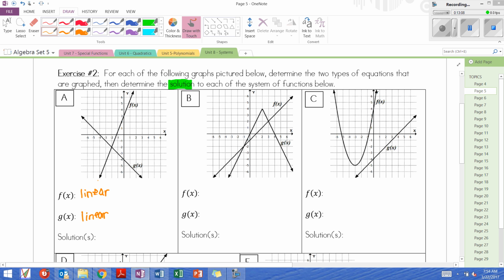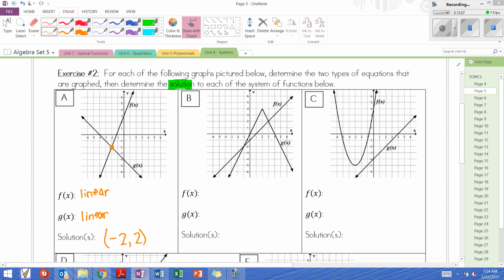The solution, well, where do they cross? I'm going to show it right up here. I know it doesn't tell me to do that, but it helps me to see it a lot better. The solution is at the point negative 2, 2. That's it.